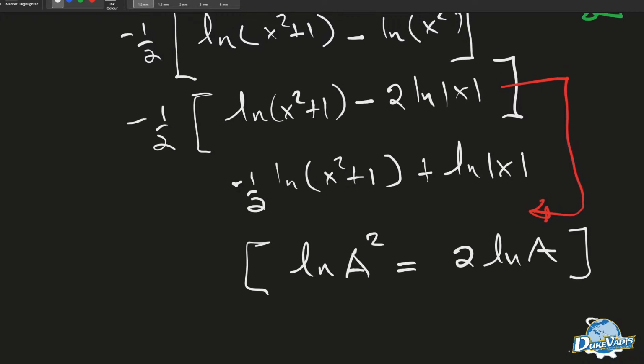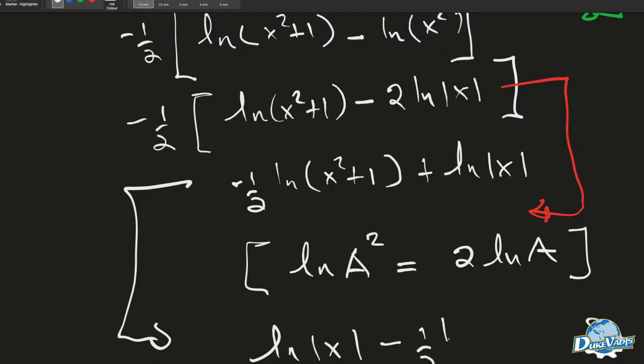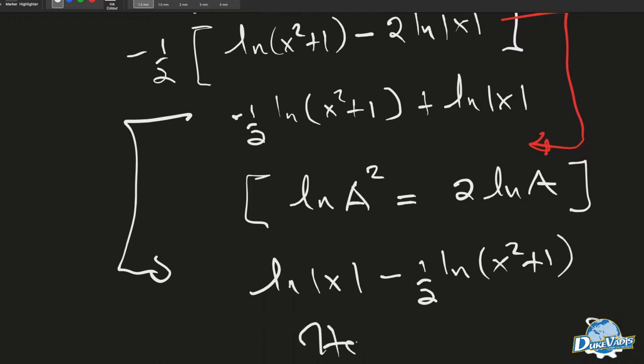So our equation can be rewritten as natural log of the absolute value of x, minus half natural log of x squared plus 1. Hence the proof.